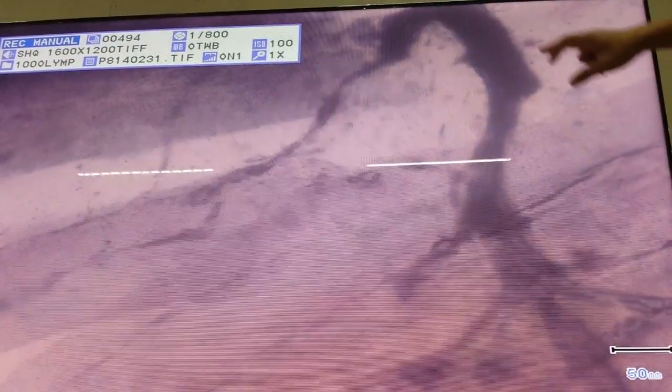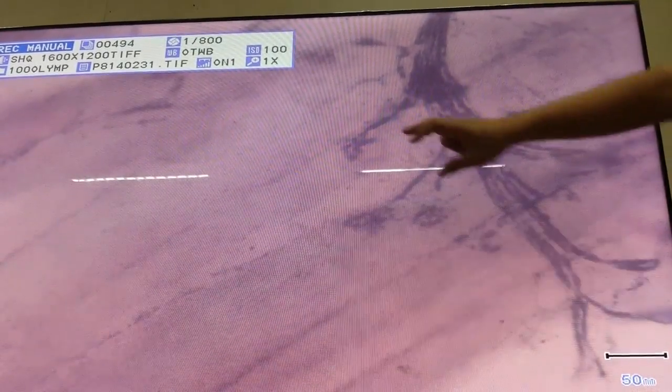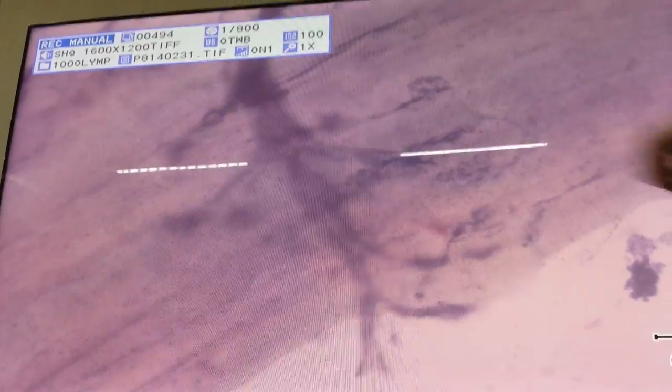These are the axons, and then these are the motor end plates. They would be attached to the individual skeletal muscles, so for voluntary action.